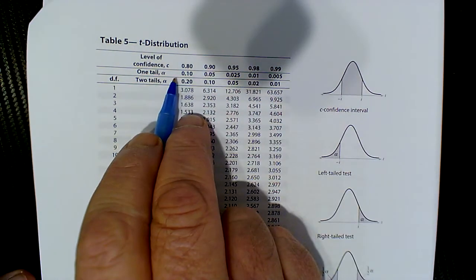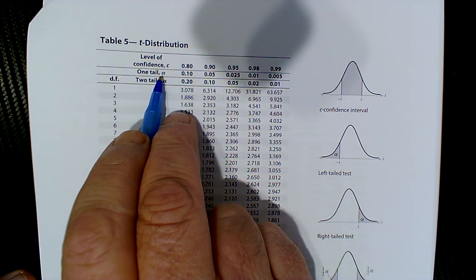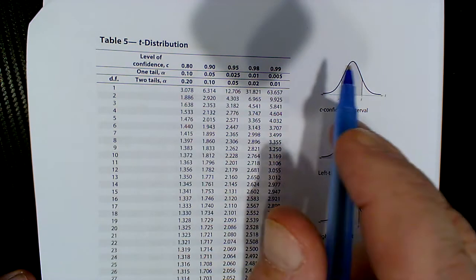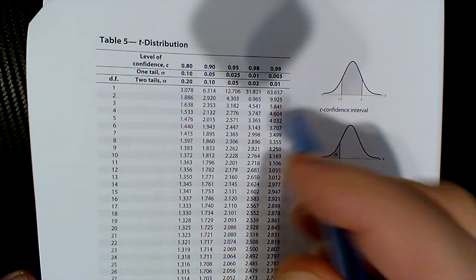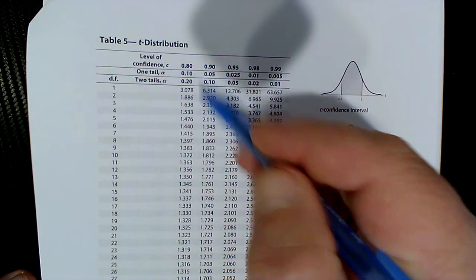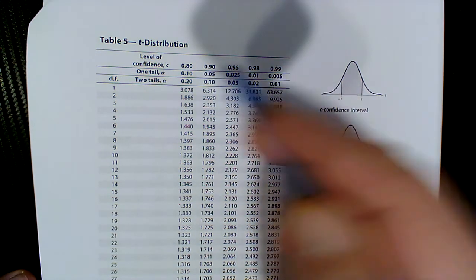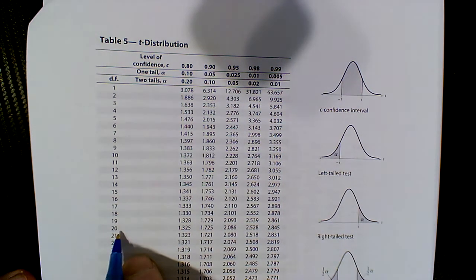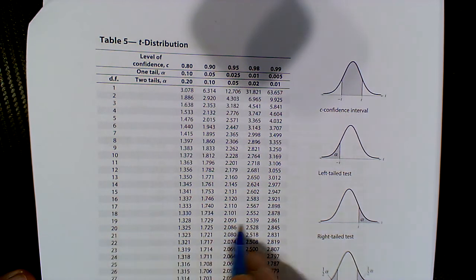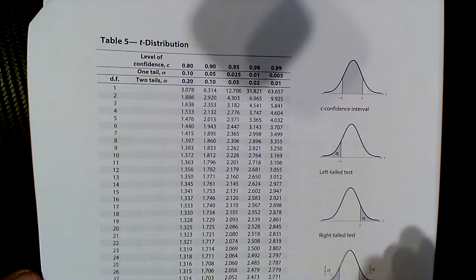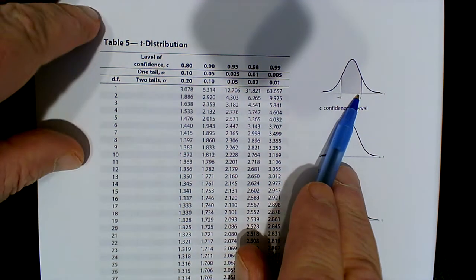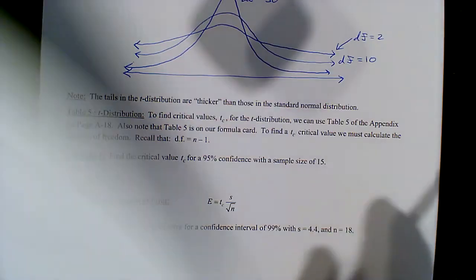There's columns with confidence intervals, as well as in chapter 7 we'll be talking about one-tail and two-tail tests for hypotheses, but don't worry about that now. So you've got these columns with the respective confidence intervals. On the left, the degrees of freedom, and you intersect the row with the column, and that's your critical value. And there's a little sketch off to the side as well.